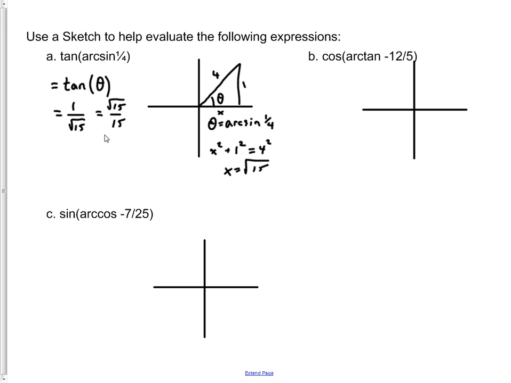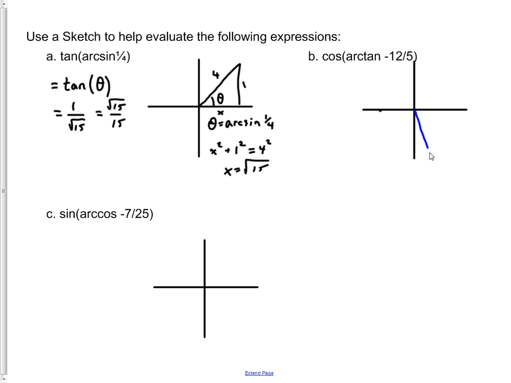Very clever. All right, let's try this one over here. We've got the cosine of the arc tangent of negative 12/5. What could we say? Well, arc tangent is going to give us an angle between negative pi over 2 and positive pi over 2, whose tangent is negative 12/5. So that means that we've got this right triangle somewhere here in the fourth quadrant, right?